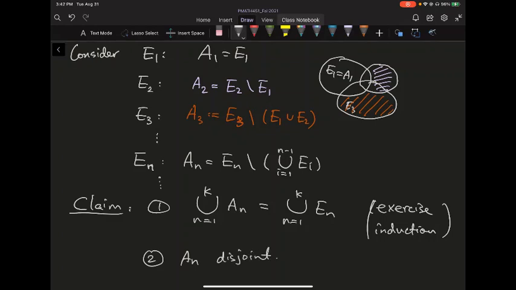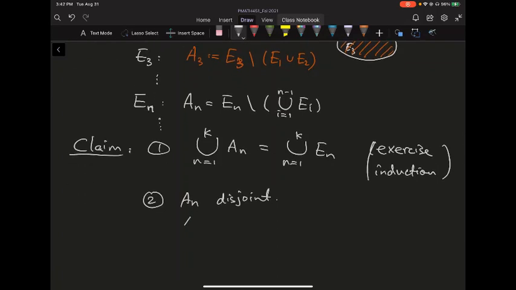The second claim I want to make is that these An are disjoint. Why are they disjoint? Because of the way we defined An, the intersection of An with the union of the first n minus 1 of these Ei is going to be an empty set, because An literally takes away anything in that union.